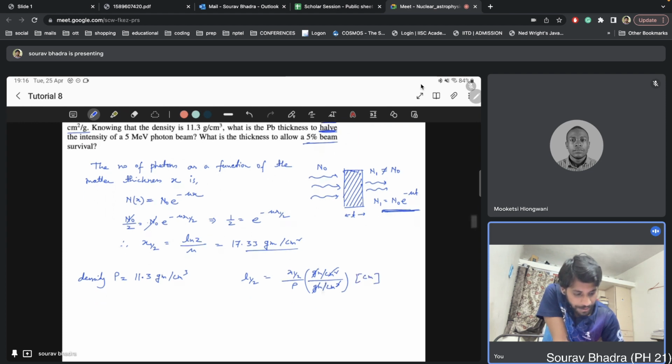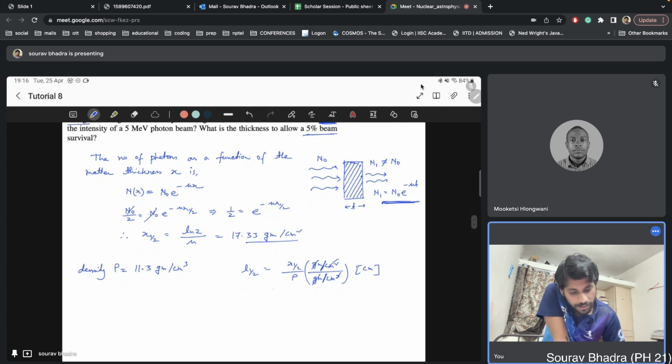So x half we have already calculated as 17.33, and rho is given as 11.3. What value we will get will be in linear scale, that is in centimeter, and the value will be 1.53 centimeter.